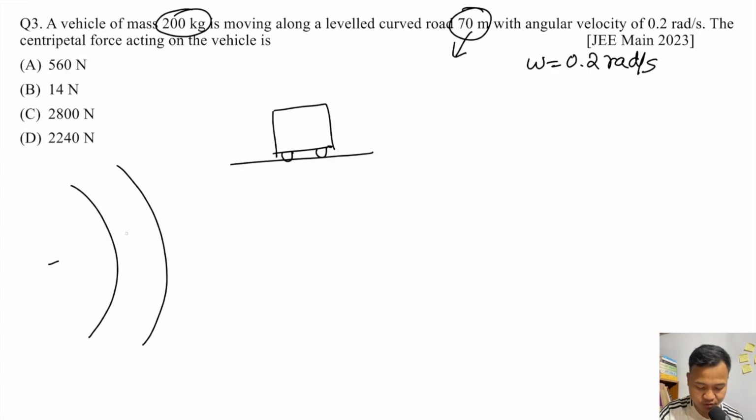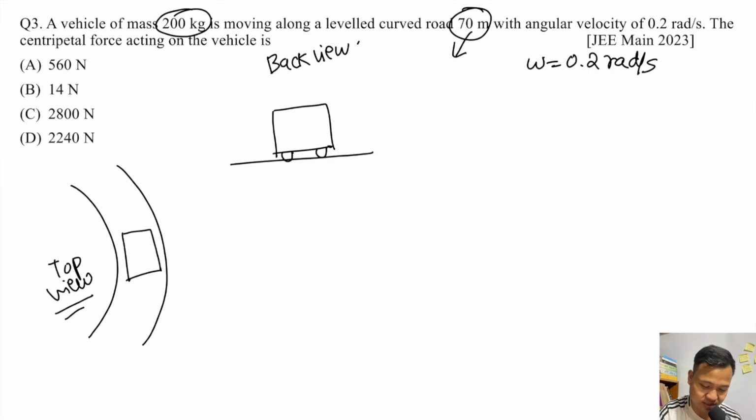This is the top view, and this is the back view. In the back view, the friction from the car tire acts along this side.